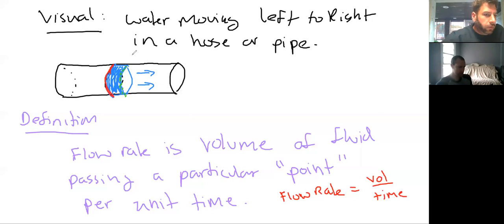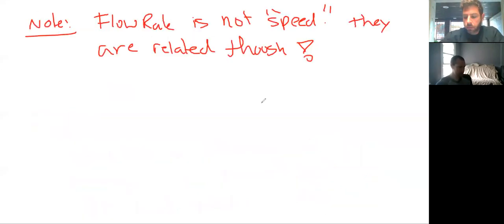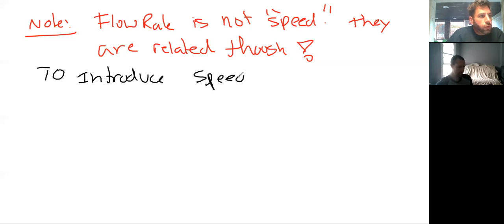Anyhow, what we'd like to do is bring speed into the picture. So to do that, we take it the following way. We're going to draw the following generic scenario. To introduce speed, we use the following model.